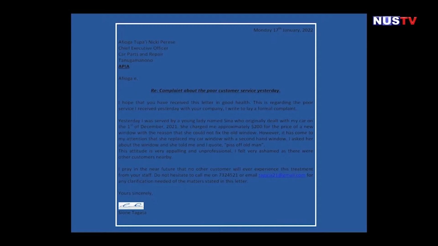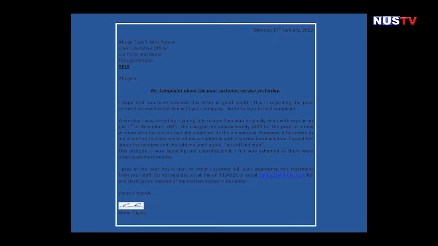After the salutation, you have the subject line, which is complaints about the poor customer service yesterday. You have three body paragraphs. Yours sincerely is your complimentary close. Then Sione Tangata is the person who wrote the letter, as you can see in the signature block.